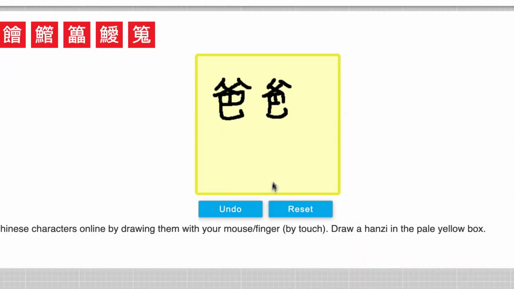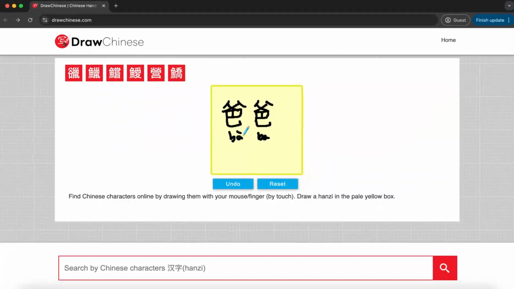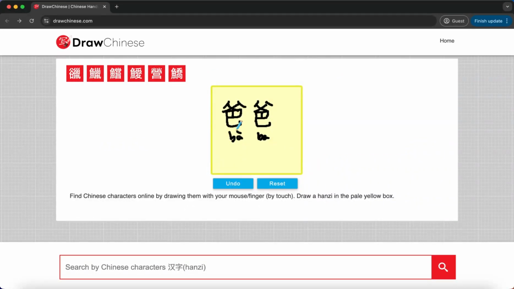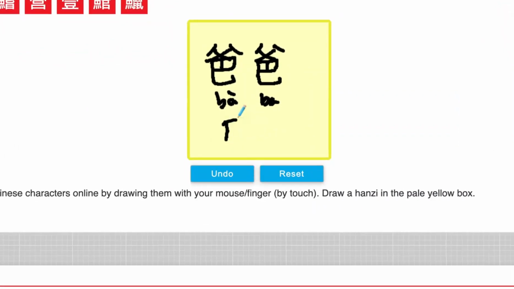For some reason it's not picking it up, but okay, let me just show you this one. So this is pà. And if you write the same one again, it is bàba. So fourth tone, neutral tone. So bà. So the first one you say from higher pitch to lower pitch, and the second one you just say very softly. So bàba, which just means father.